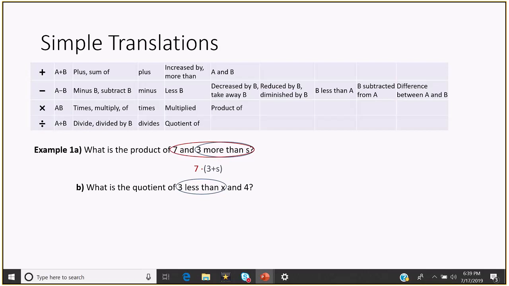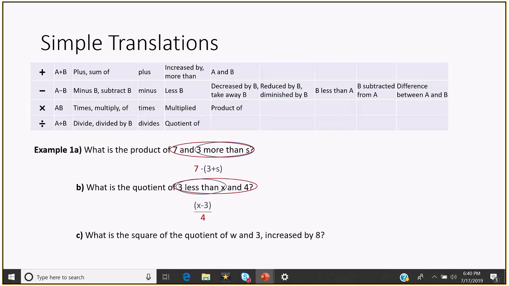There's a couple of these things, less than, subtracted from, decreased by, that will have the operation flipped. So here, 3 less than x is x minus 3, and then I'm doing a quotient overall, a quotient of that thing that I found, the x minus 3, and 4, so there is my expression.